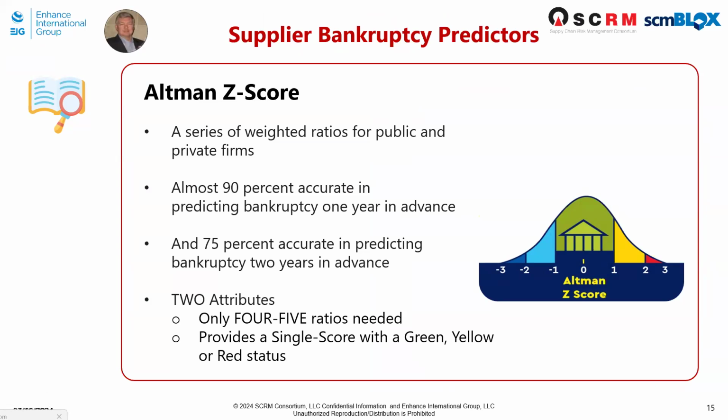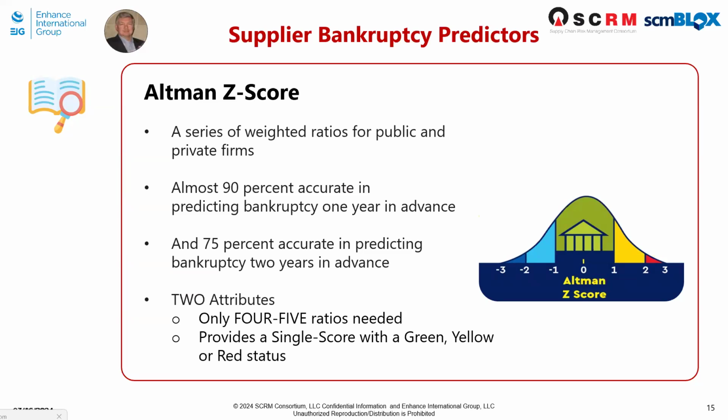What is it? It's a series of weighted ratios for public and private firms. We're going to talk about public today. It has a greater than 90% accuracy rate in terms of predicting bankruptcy 1 year, 12 to 15 months into the future. And it's got about a 75% accuracy rate predicting bankruptcy 2 years in advance.